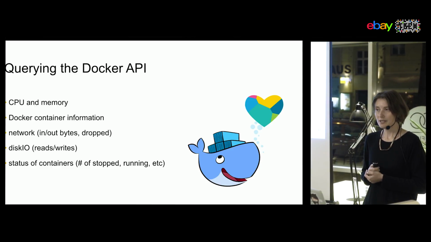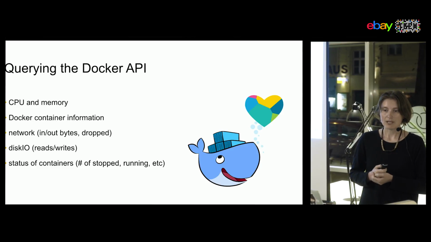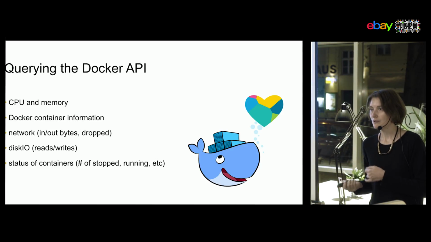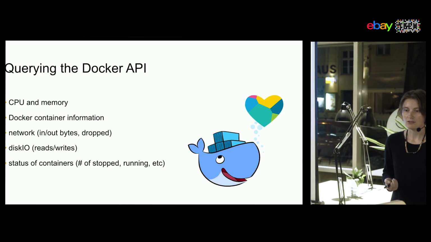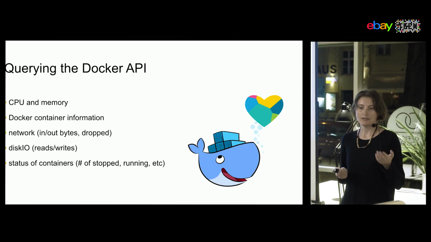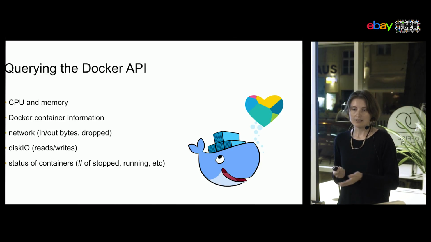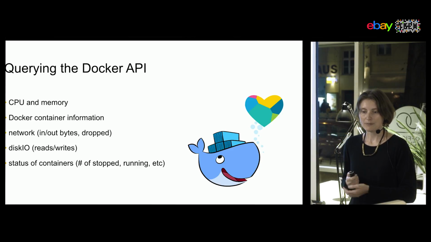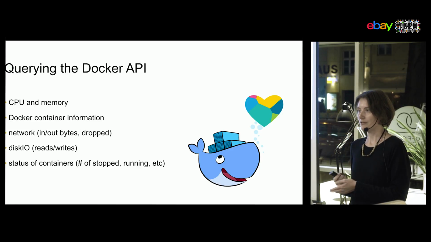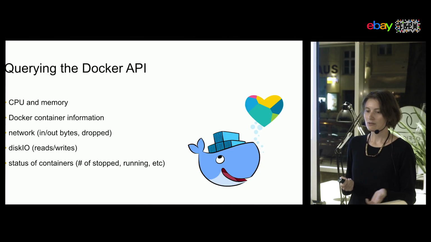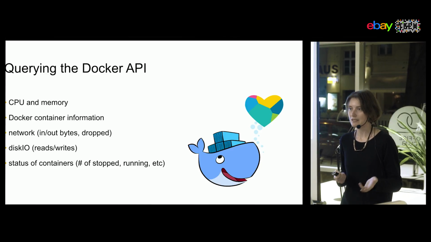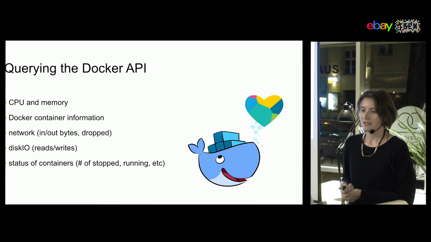By querying the Docker API, you can get information like CPU and memory usage, network in and out bytes, dropped packets, disk I/O reads versus writes, and the status of your containers, like how many containers are stopped, how many are running, and things like this.